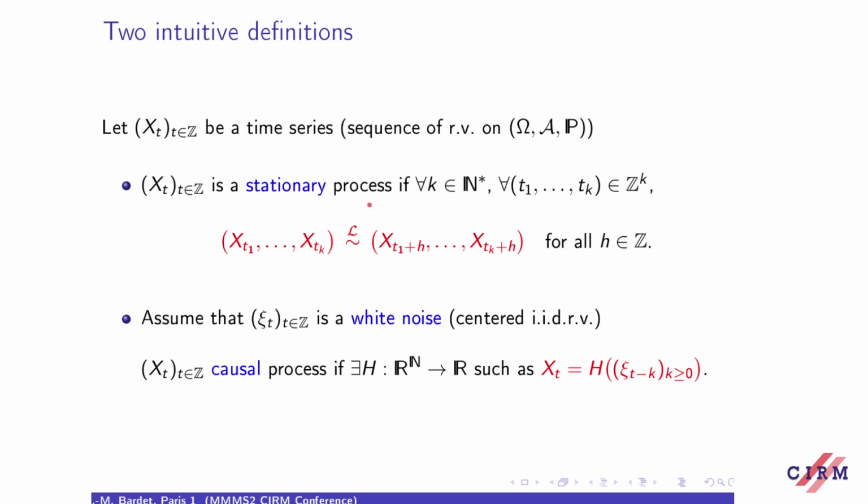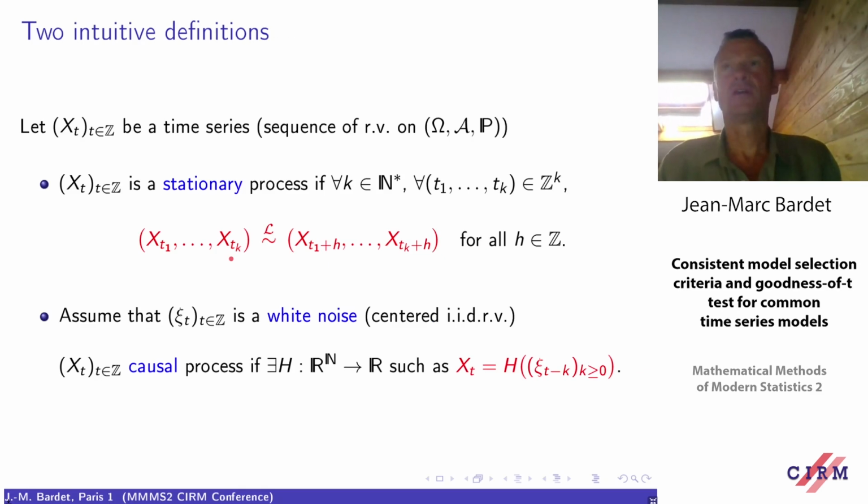So it is a stationary process if you have an invariance by translation of any finite dimensional vector of the process. That is, for any k, any t1 to tk, the vector (Xt1, ..., Xtk) has exactly the same distribution as (Xt1+h, ..., Xtk+h) for any h which is an integer. Okay, so this is for stationarity.